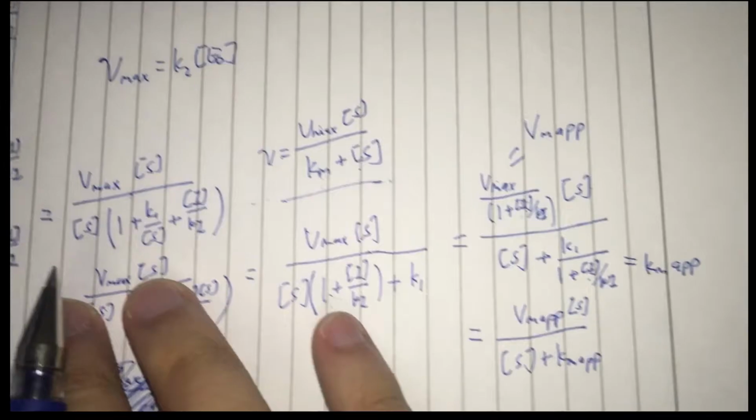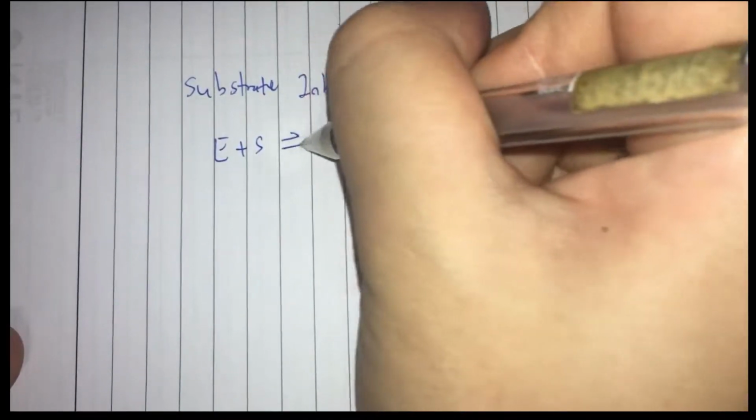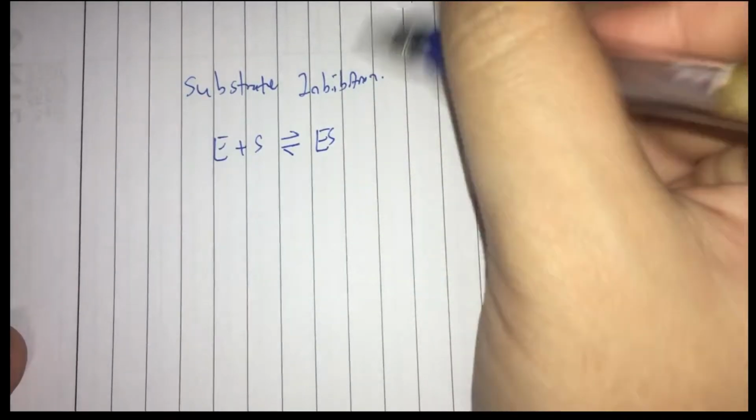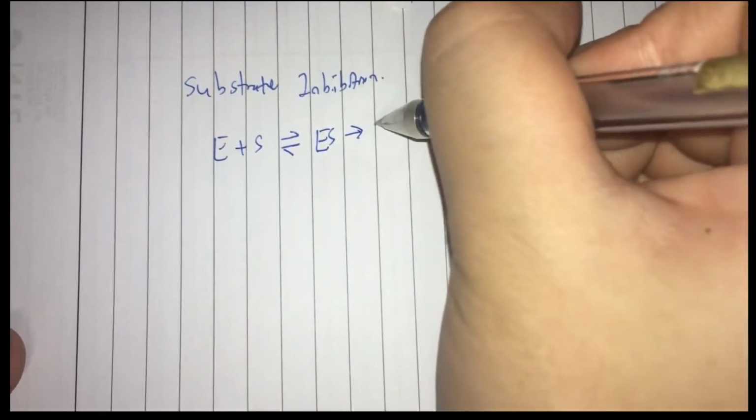But I want to go on to a more special case where you have substrate inhibition. So what is substrate inhibition? Well, okay, let's do our normal Michaelis-Menten equation.